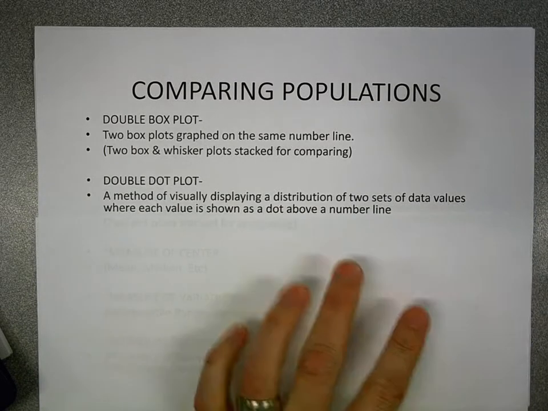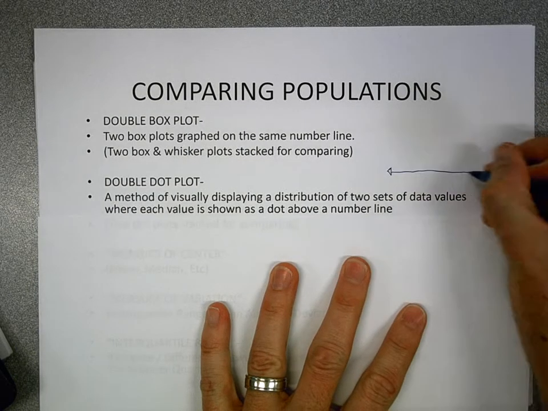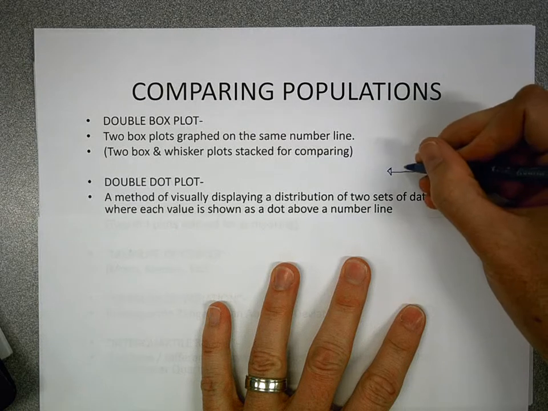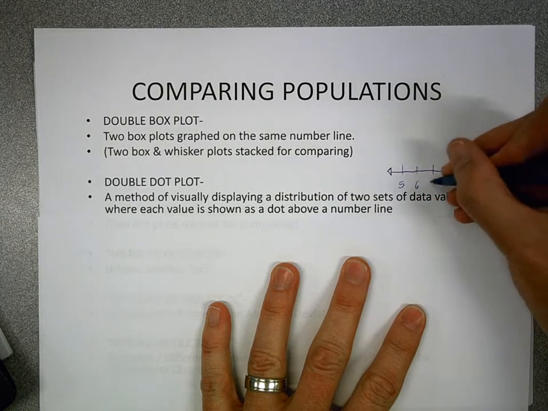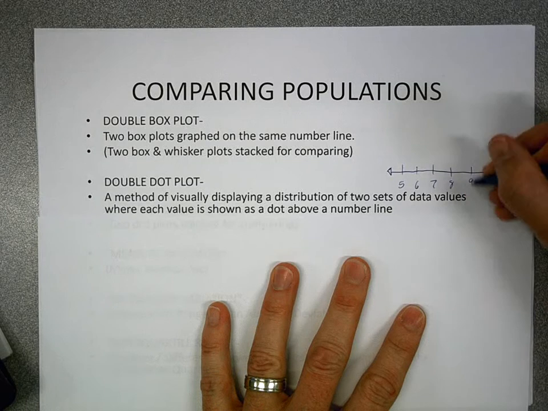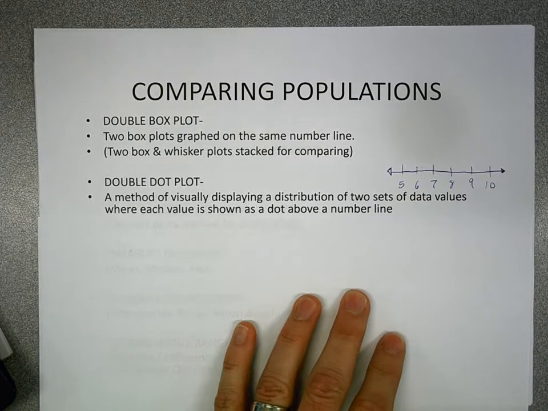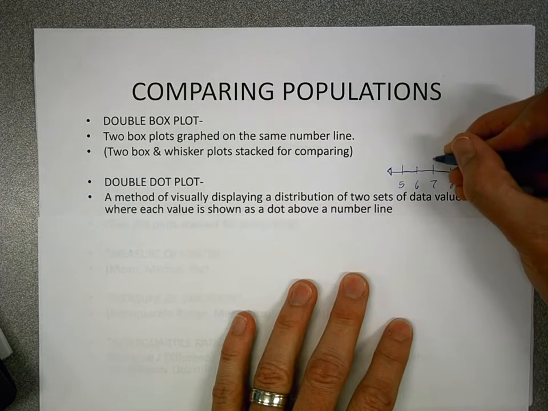I want to show you, if you've never seen a dot plot before, there's a number line: 5, 6, 7, 8, 9, 10. Here's what a dot plot would look like. Let's say that someone downloaded 7 songs.